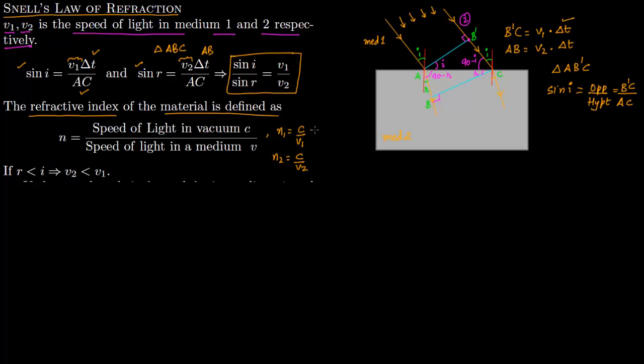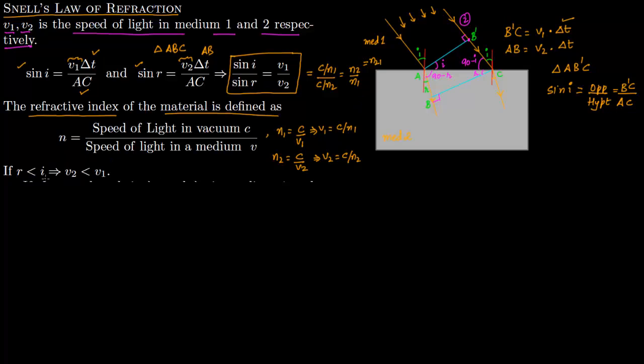So this implies V1 is equal to C by N1, and V2 is equal to C by N2. So you plug this in. Instead of V1, you put C by N1. Instead of V2 you put C by N2, so this becomes equal to N2 by N1, or we write it as n21. So this is what Snell's law is.